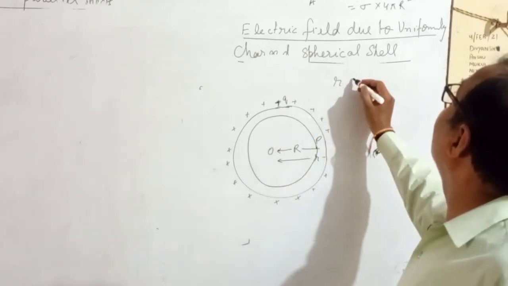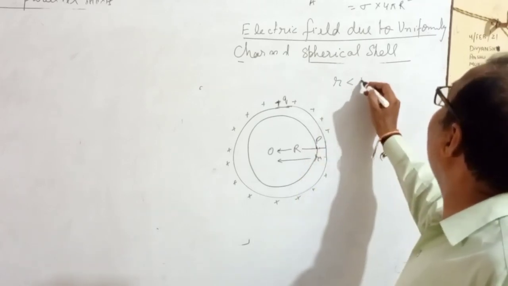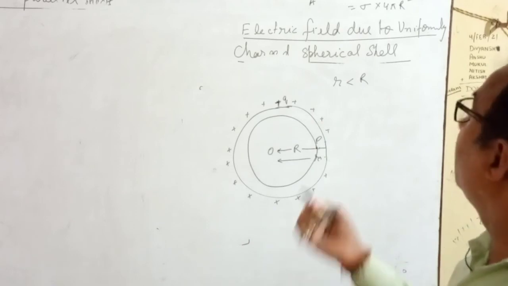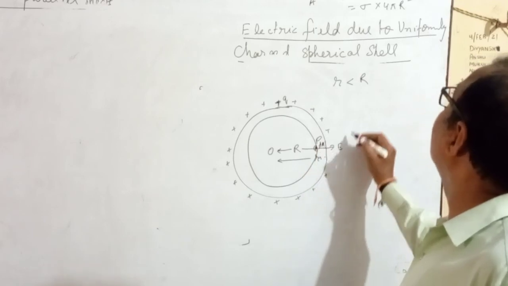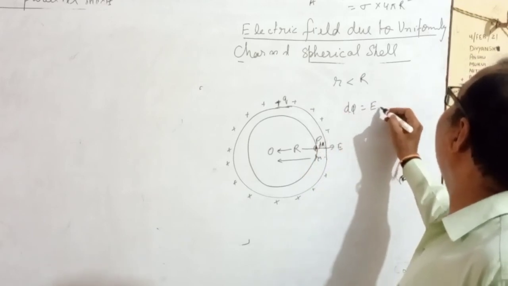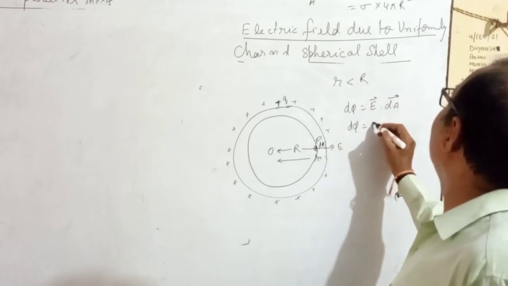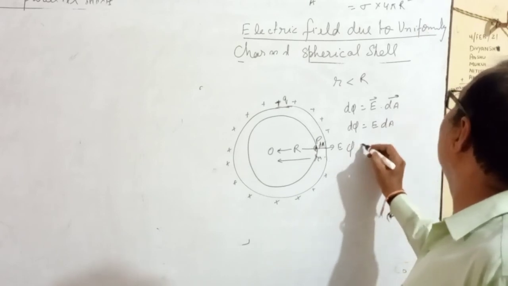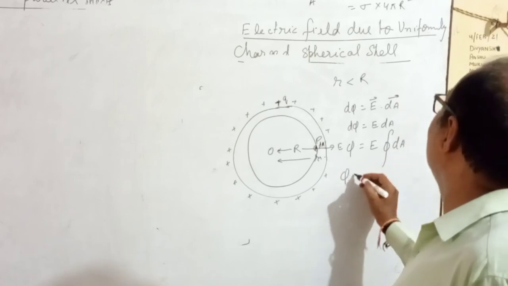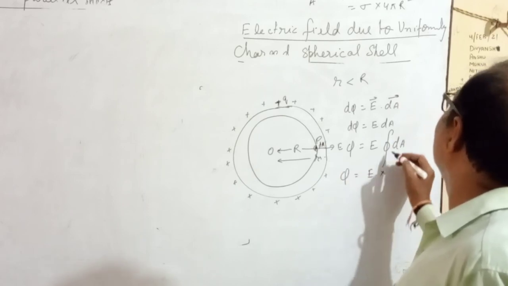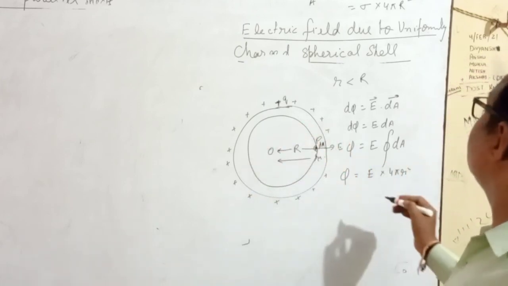Small r in this condition is less than capital R. Again you take area dA, electric field outward, d phi equals E dot dA. So phi equals E into integral of dA, and dA means 4 pi small r square, because the Gaussian surface has radius small r.